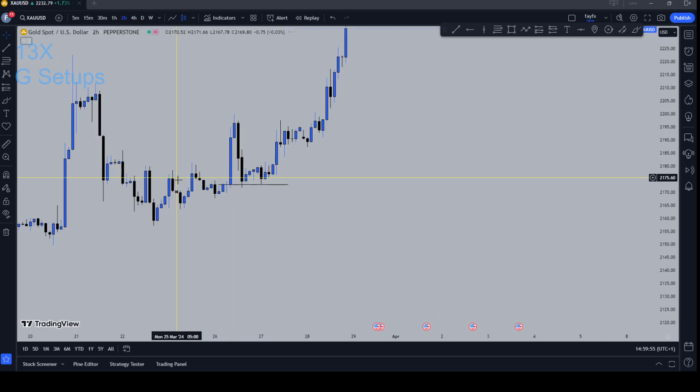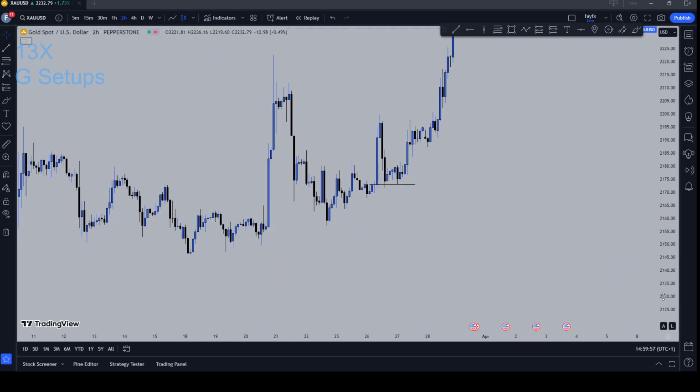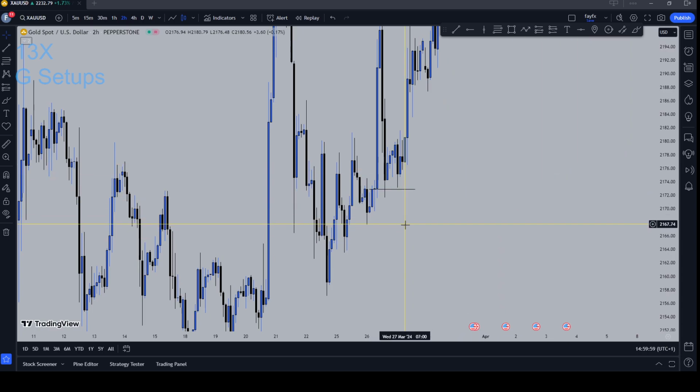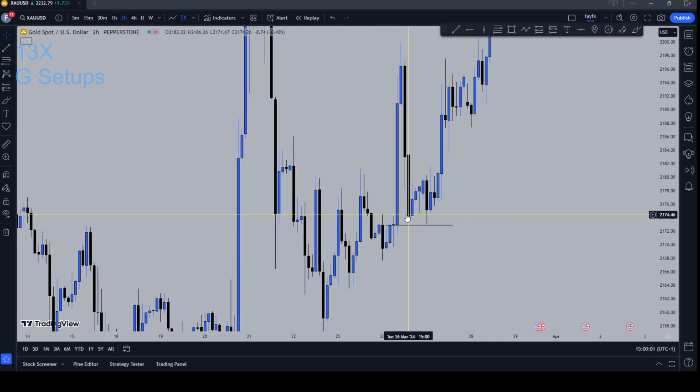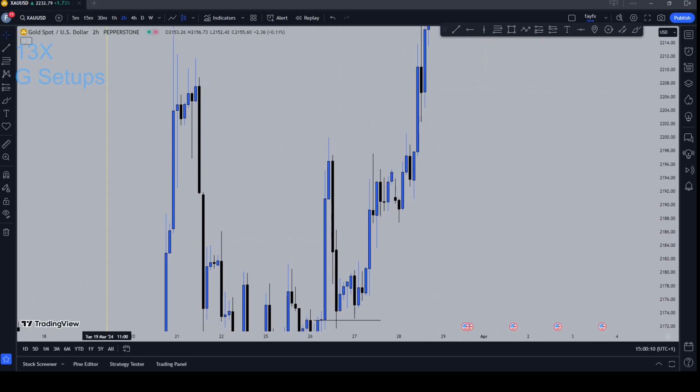And when we go one time frame lower, we find a gap at the same level. Gap H4, 2 hour gap CC. Price came down, touched that level, and flies up.